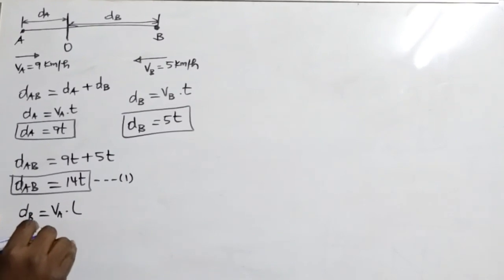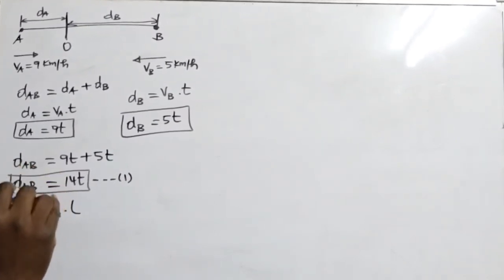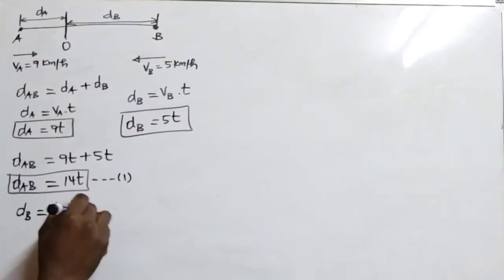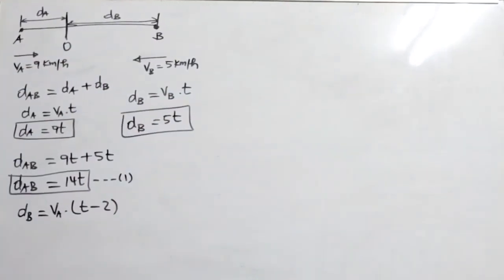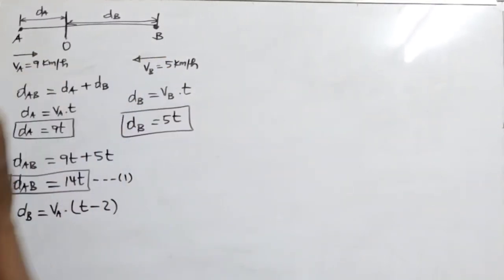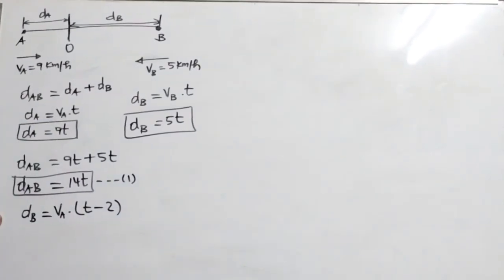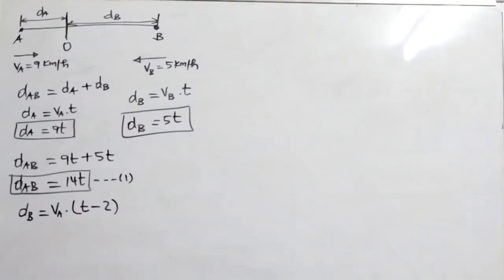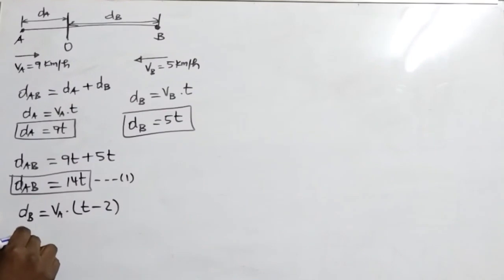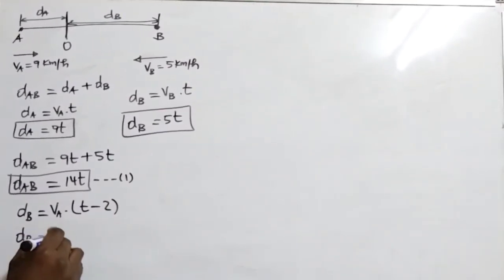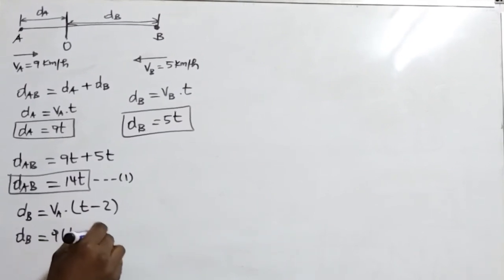But that time, the question says, is 2 hours less than the time to move from B to O. That time was t, but we are going to subtract 2, because the time that the vehicle spent to cover the distance from O to B is 2 hours less than the time that the pedestrian spent to move from B to O. Now, substituting each variable by its value, dB will be equal to VA, which is 9, times (t minus 2).